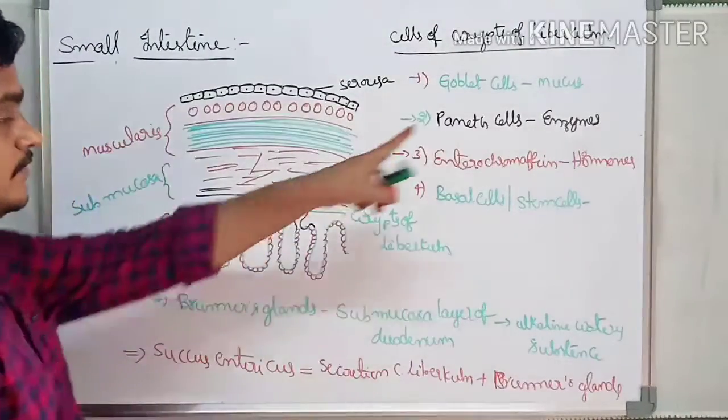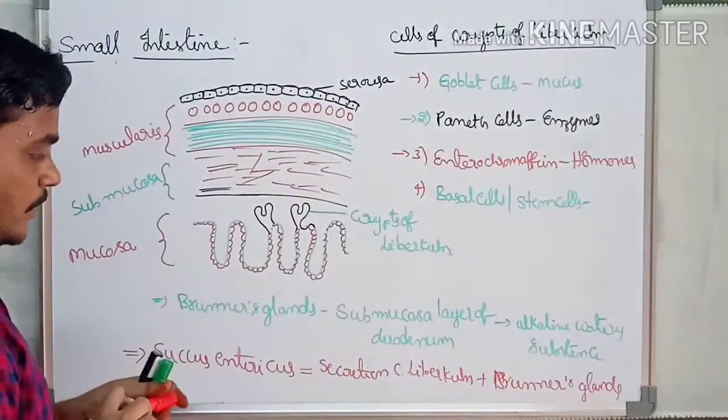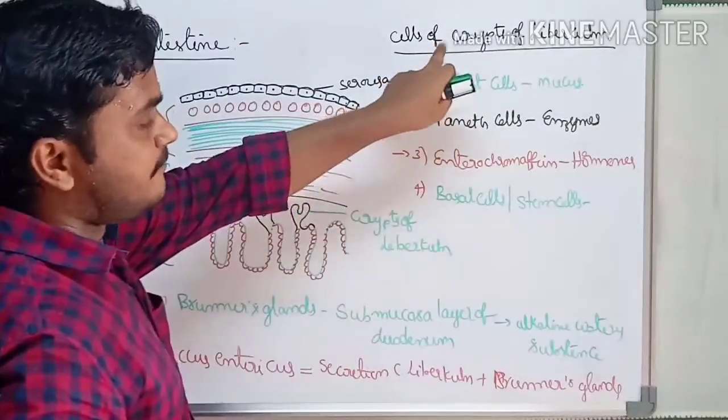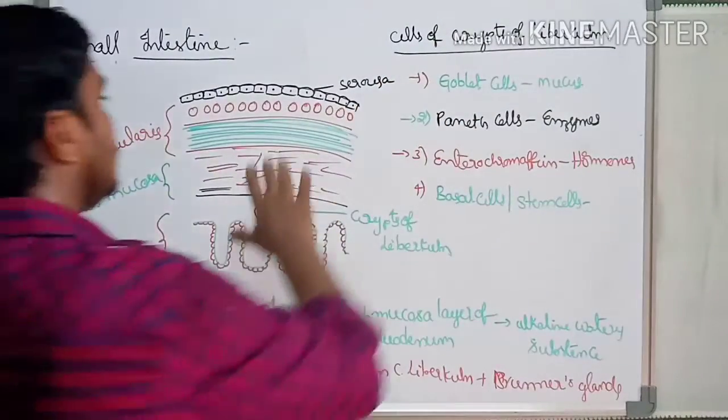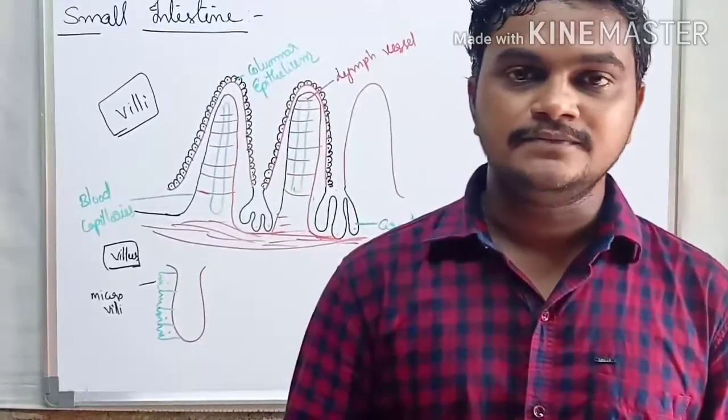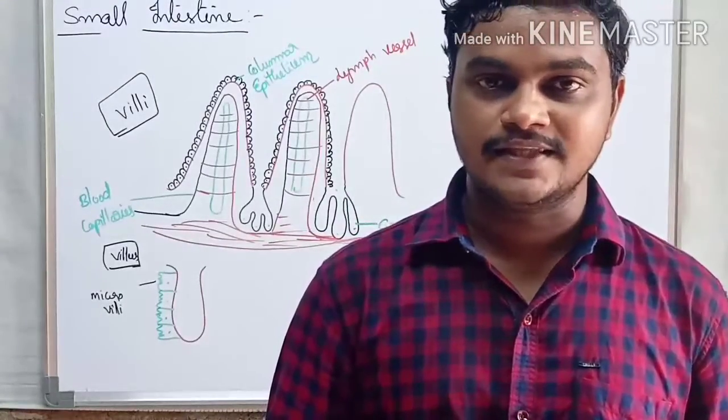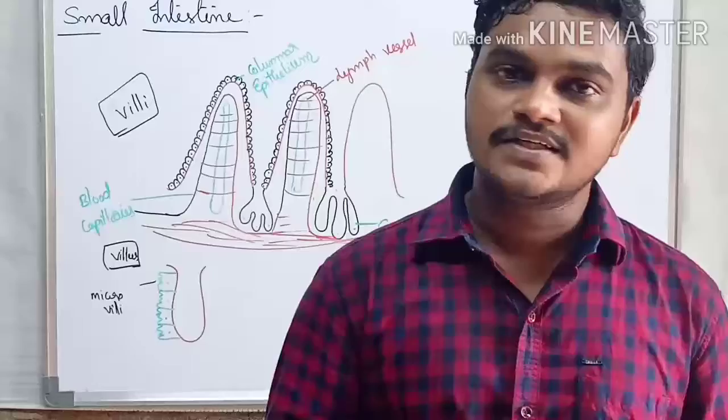Succus entericus means the fusion of both secretions, one from the crypts of Lieberkühn and also Brunner's glands. This is in the small intestine. Majority of digestion takes place in the small intestine only.